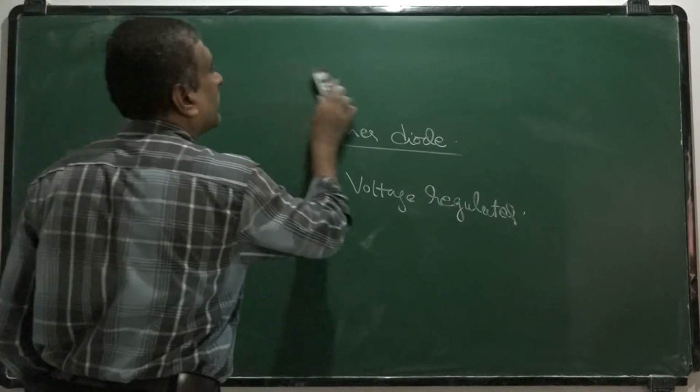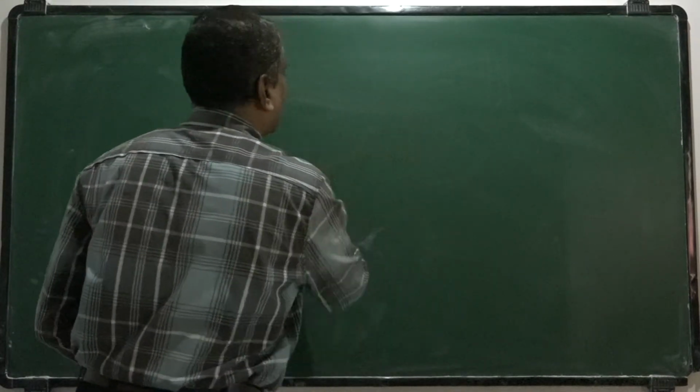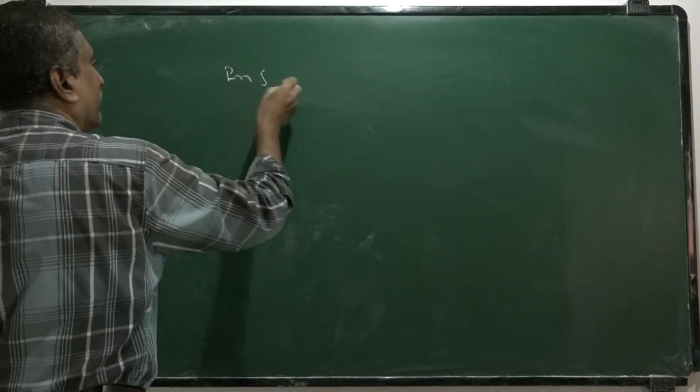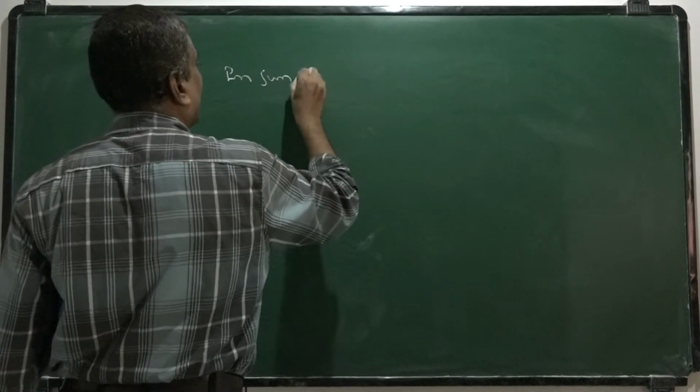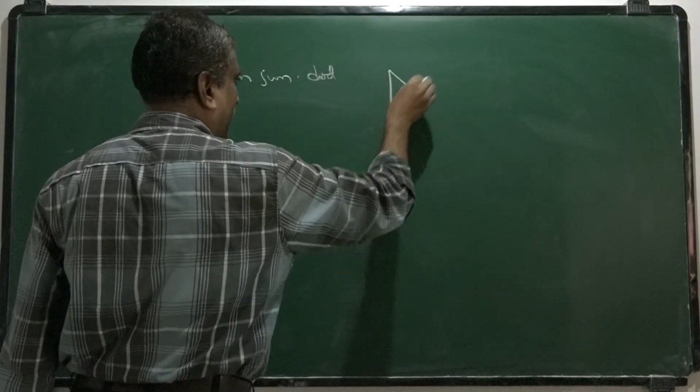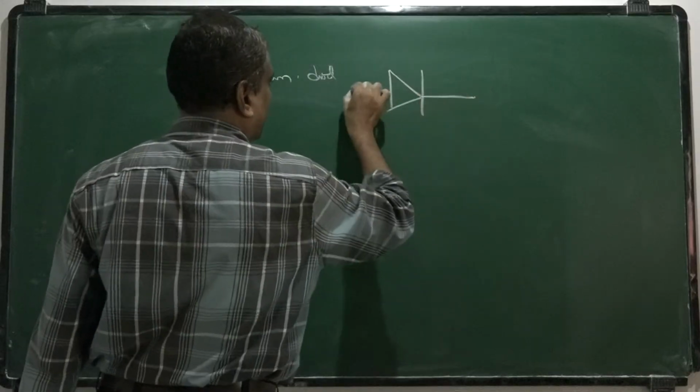Okay, now what is a voltage regulator? Already we know the symbol for the p-n junction diode is this one. And this is the Zener diode symbol.